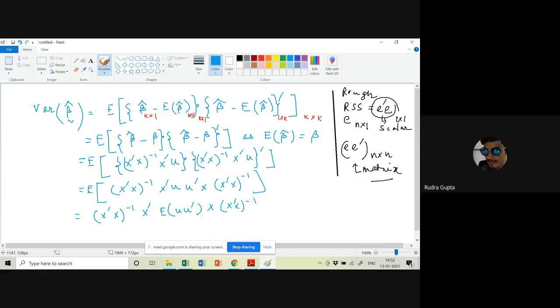Sigma squared I_n. Yes, the expectation of u u prime is sigma square I_n, because here also we cannot separate autocorrelation from the idea of homoscedasticity.